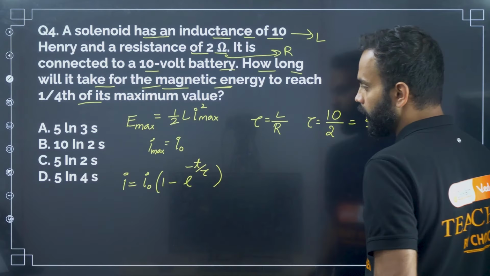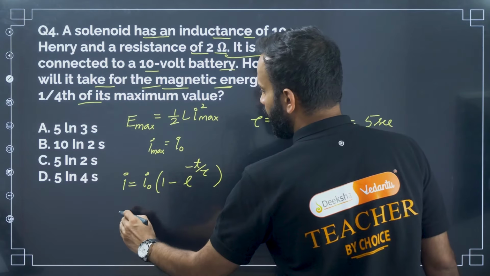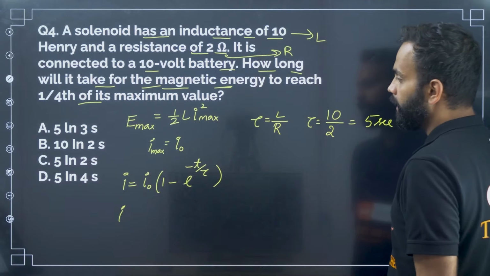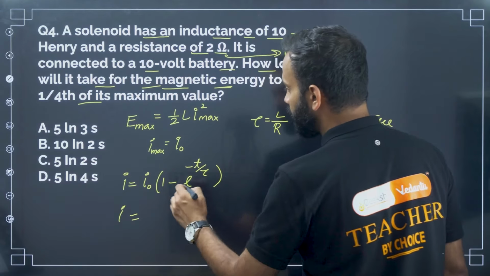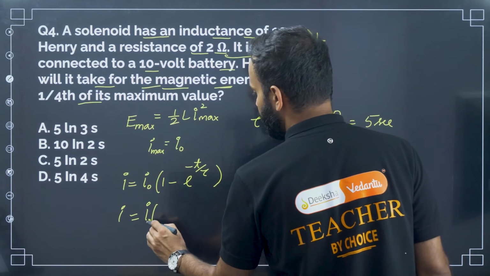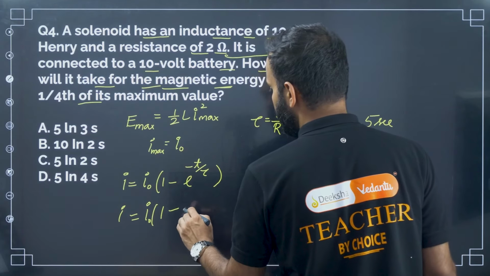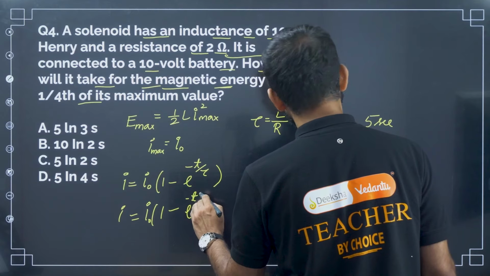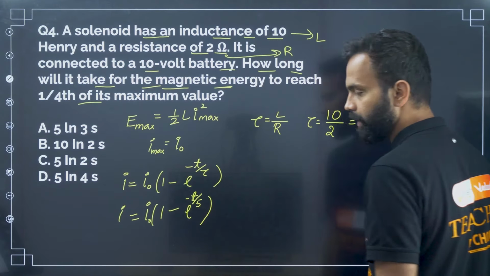Now here I equal to I naught, the maximum current in the coil, into 1 minus e to the power minus t divided by 5.